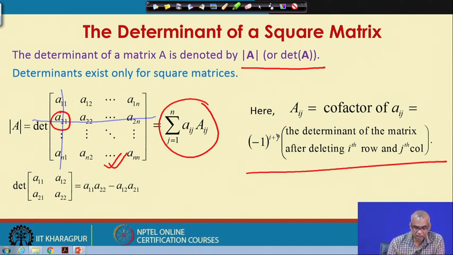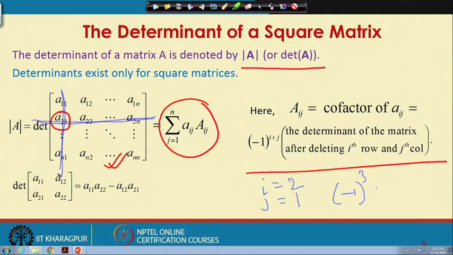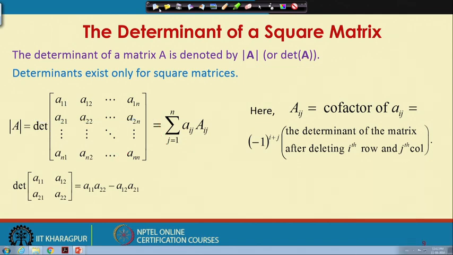Here i is the second row, 2, j is the first column, so 1. So, -1 to the power 3 into the determinant that exists after deleting the second row and the first column. So, that is how the determinant can be obtained for any square matrix of order n by n.